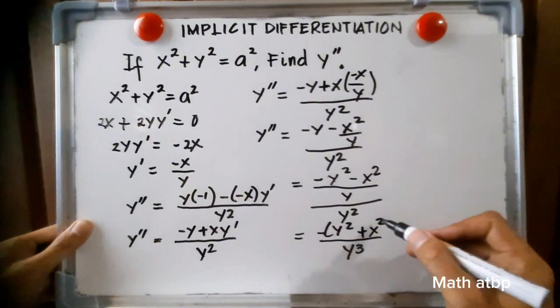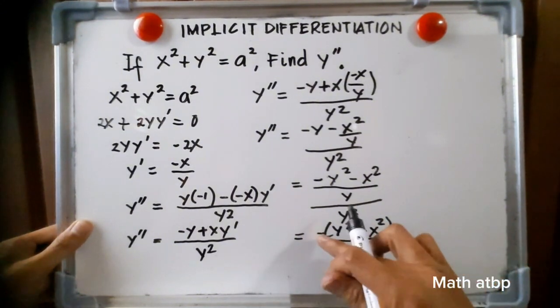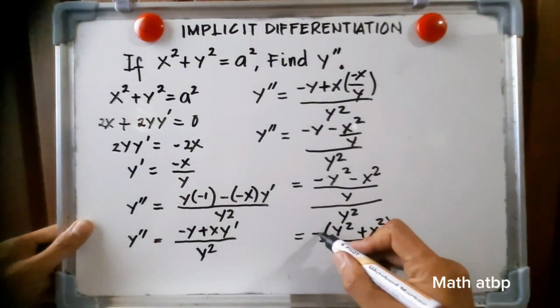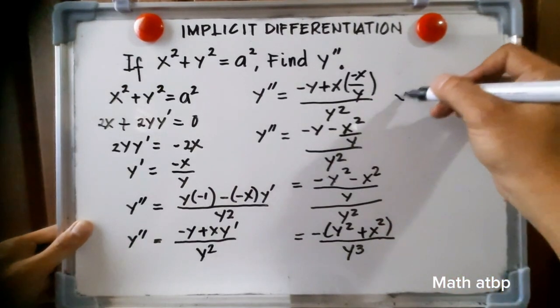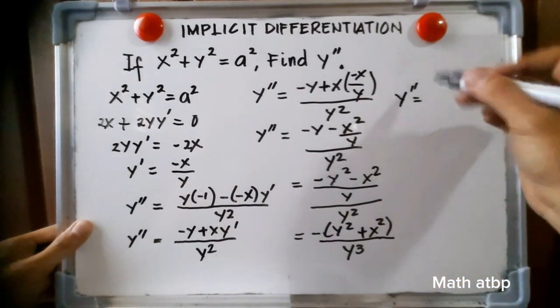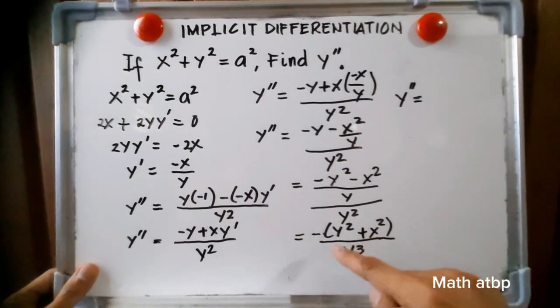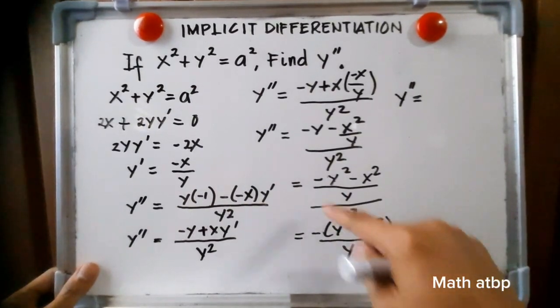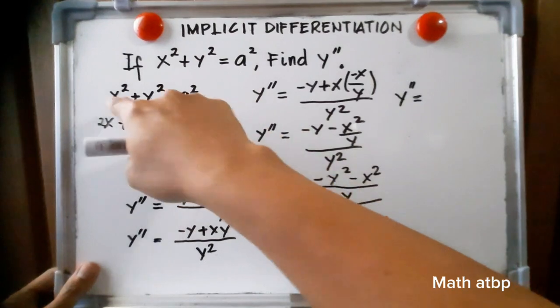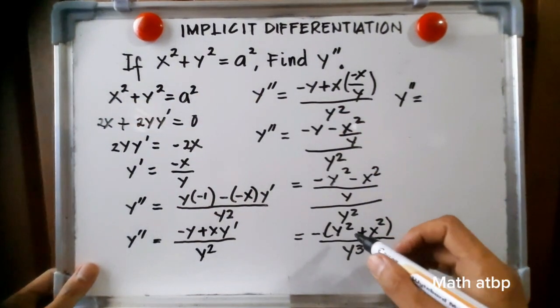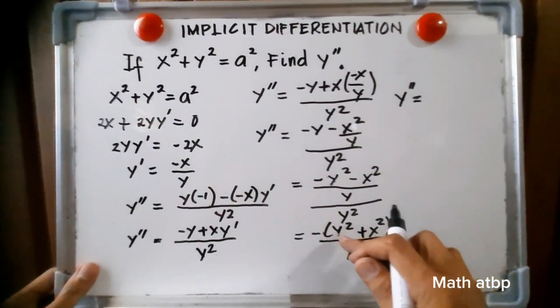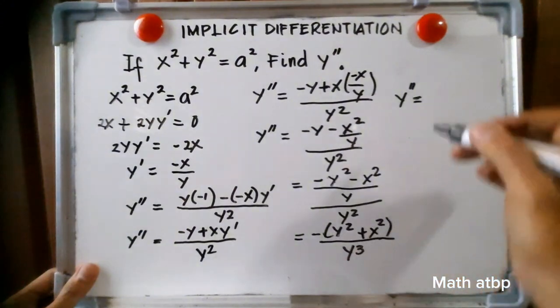Okay, can you follow? Then we have y double prime equal to negative quantity y squared plus x squared over y cubed, but y squared is equal to a squared minus x squared. So let us substitute y squared with a squared minus x squared.